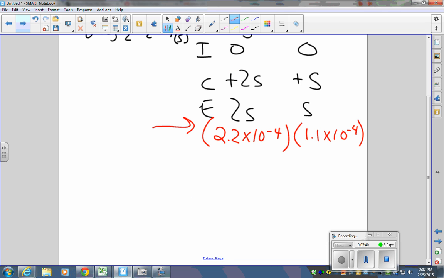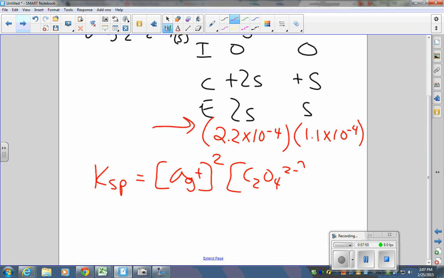So then my KSP expression is going to be the concentration of Ag plus squared, concentration of C2O4 2 minus to the first. I'm going to drop that in there, which is going to give me 2.2 times 10 to the negative 4th, and that's going to be squared, and 1.1 times 10 to the negative 4th. Boom.